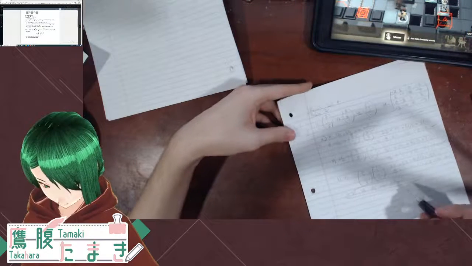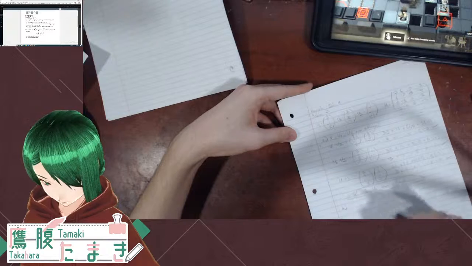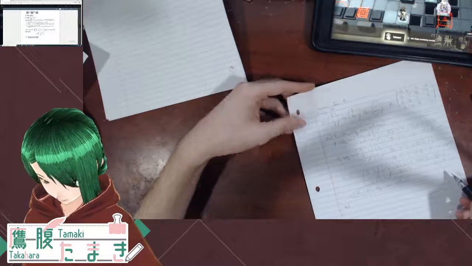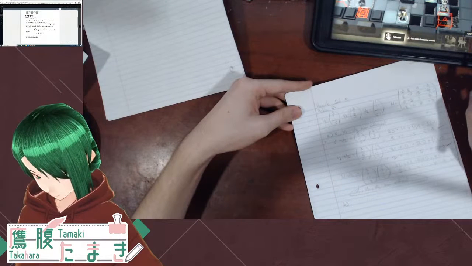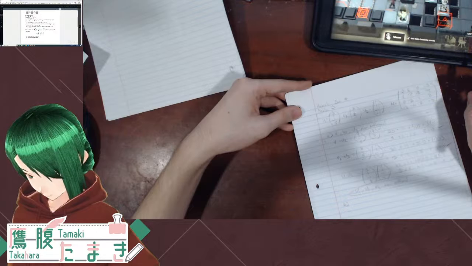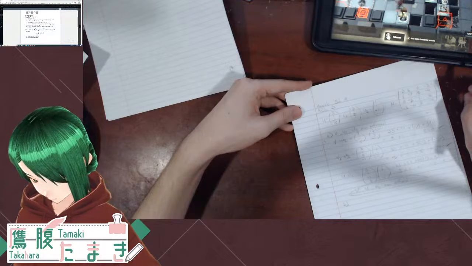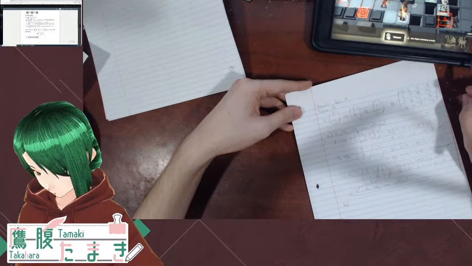Okay, that's fine. B now. Find the fourth eigenvector of matrix M. Said something about row and span.